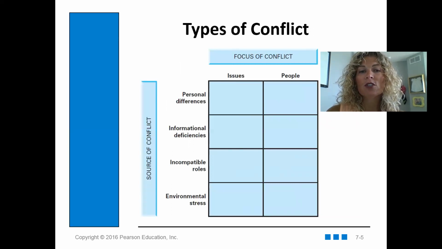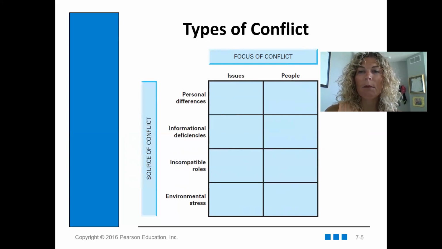This particular lecture is going to look at the 4 sources of conflict, just some common sources that we might see in an organization. You can see at the top here that we have issue-focused conflict and people-focused conflict. Ideally, we want our conflict to maintain an issue focus.